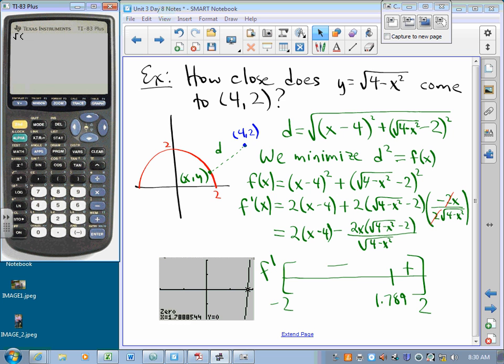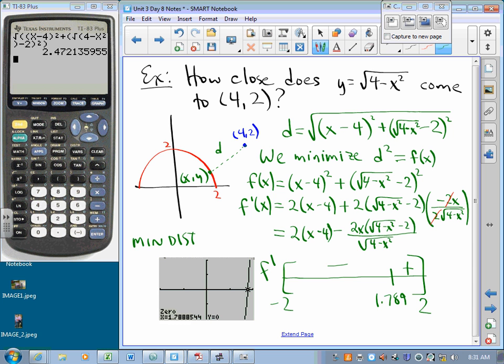So I take the square root of parentheses 1.789 minus 4 squared plus parentheses square root of 4 minus 1.789 squared minus 2 squared. And sure enough, the minimum distance is 2.472. And it occurs when x equals 1.789.